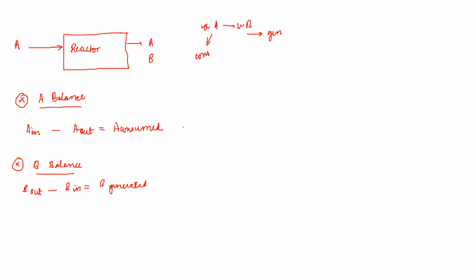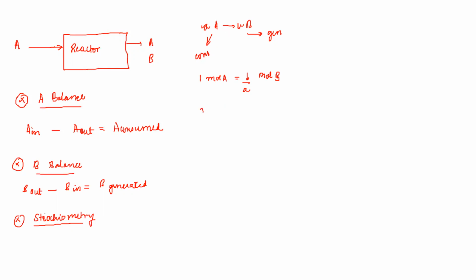And finally, the third equation that you make is from stoichiometry. So using stoichiometry, you basically relate the B generated term and the A consumed term. So we know that if, let's say, a moles of A react, then b moles of B are going to be produced. So if 1 mole of A is consumed, then that means b by a moles of B are going to be generated.